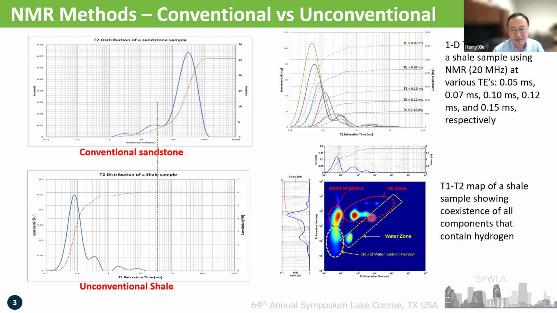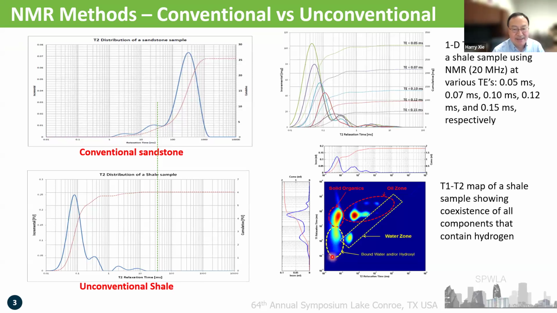This region, the yellow rectangular region, is most likely going to be the water signal. This red circle is the oil signal. This one is maybe solid organics like bitumen, or oil in small pores. And this part is complicated: maybe structural water, maybe hydroxyls, maybe water in clay layers, all in this region.